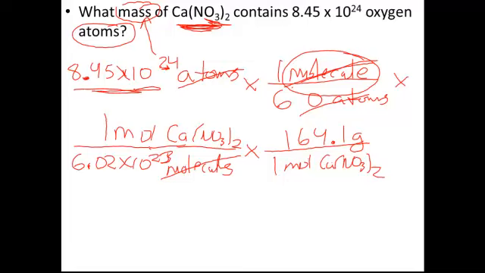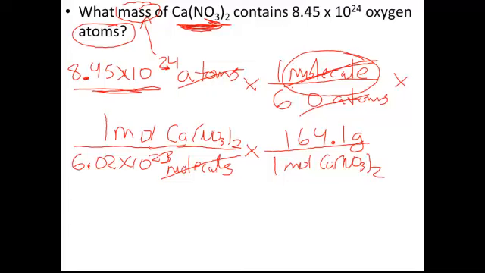So let's start at the beginning. 8.45 times 10 to the 24th, divide that by 6, and then watch, I'm going to hit the divide button again. I'm not going to hit times. I hit divide 2 times, so divide by 6, divided by 6.02 times 10 to the 23rd, and then finally multiplied by 164.1.